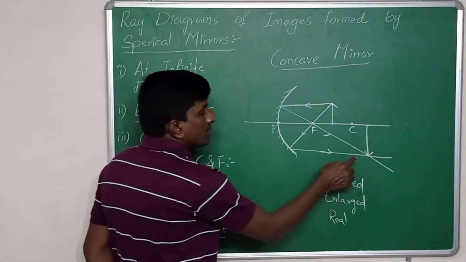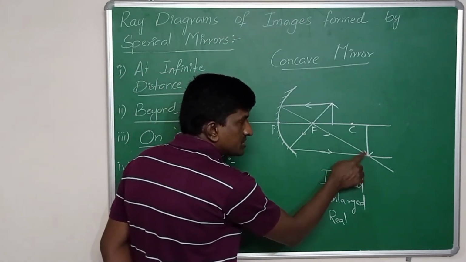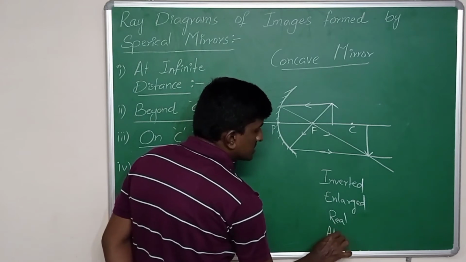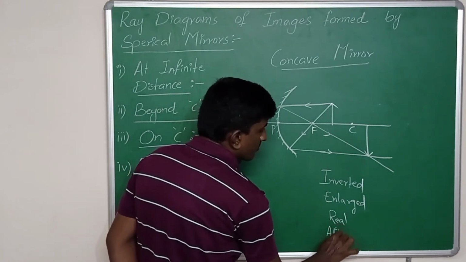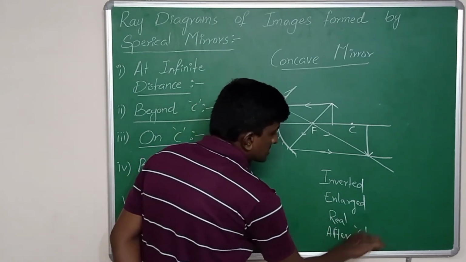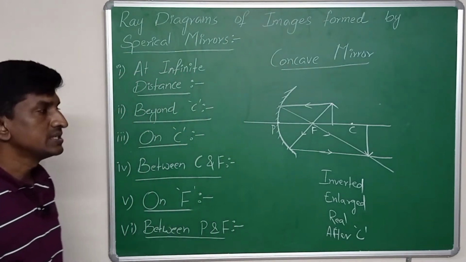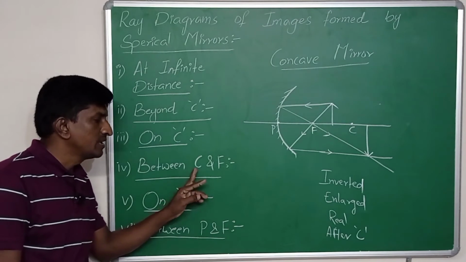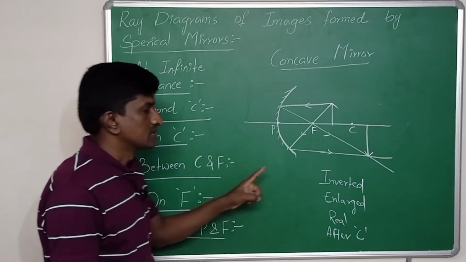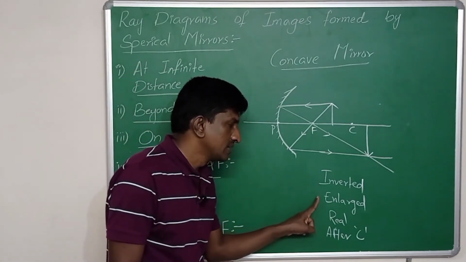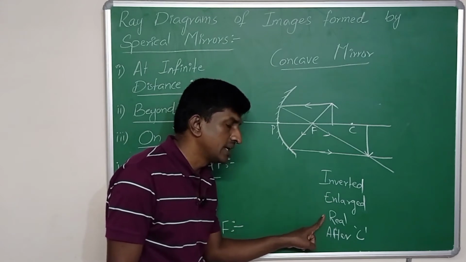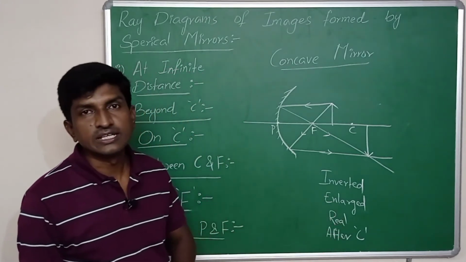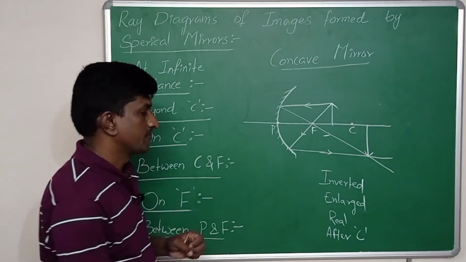Then the position of the image is beyond C, after the center of curvature. So this is the ray diagram if the object is placed between C and F. So the image is inverted, enlarged, real, and the image position is after C.